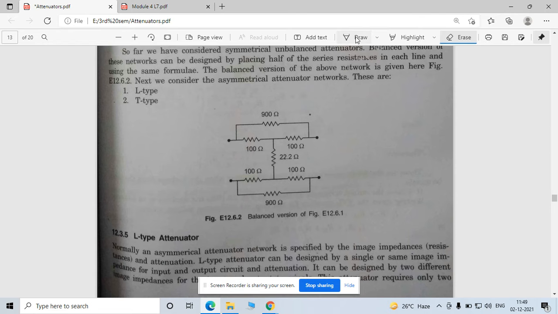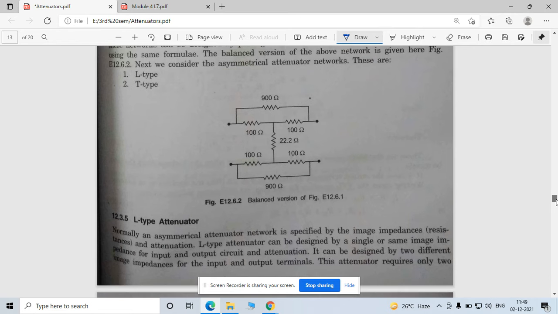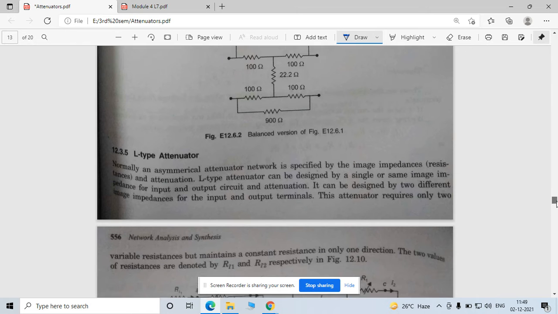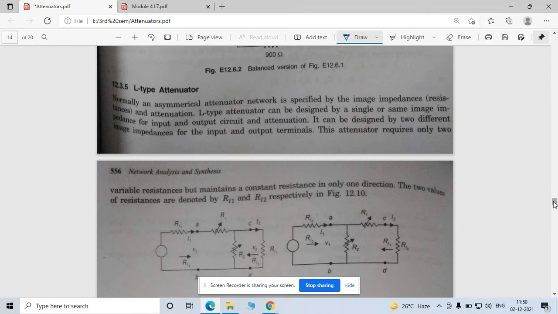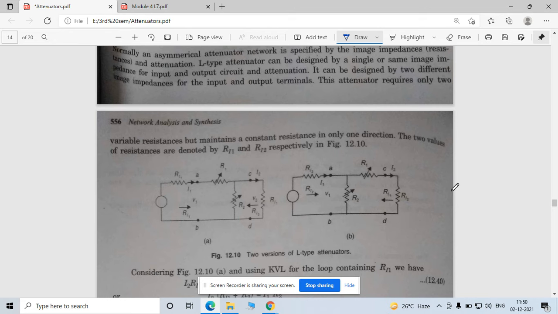Now, L type of attenuator. L type of attenuator is a special case. Here you can use two types of attenuator. One is where the face of the L circuit is toward the input side, or second is where the face of the L circuit is toward the output side.